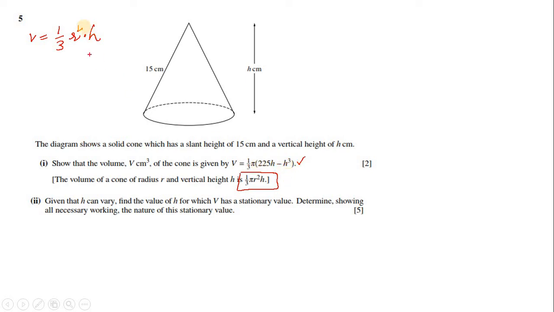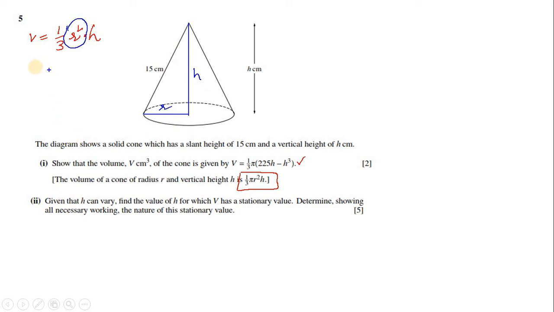So we will have to eliminate or get rid of this r from the formula. And how do we do that? If you see the diagram and if you draw this, so this is h and this one is the radius r. Now clearly you can find r in terms of h using Pythagoras theorem.